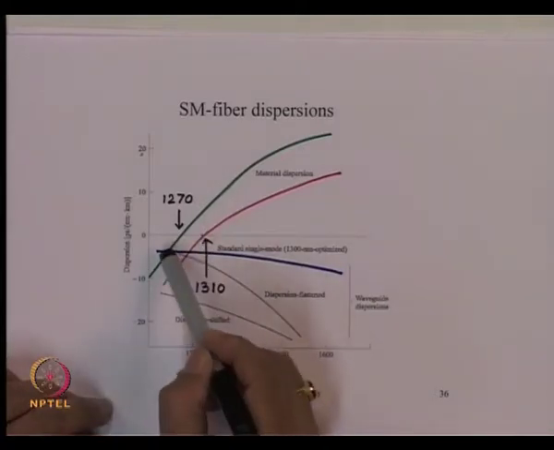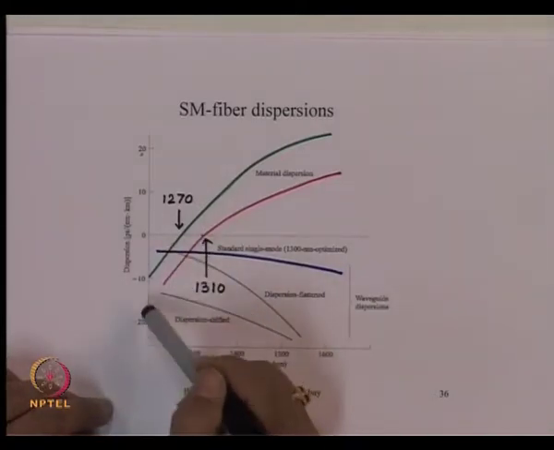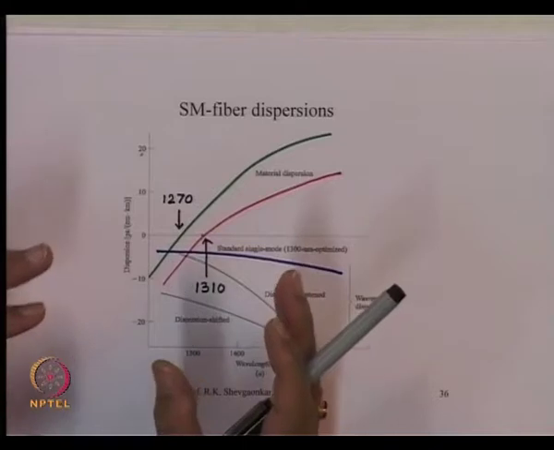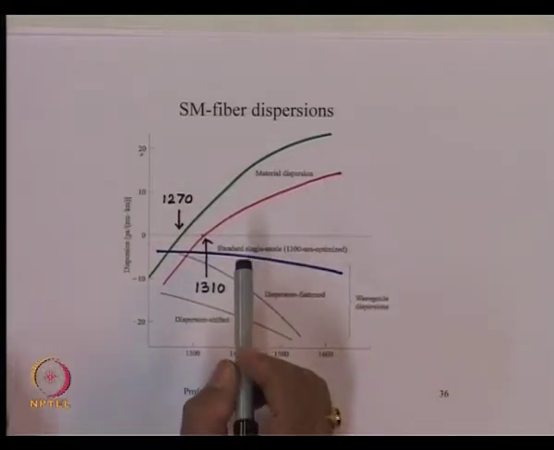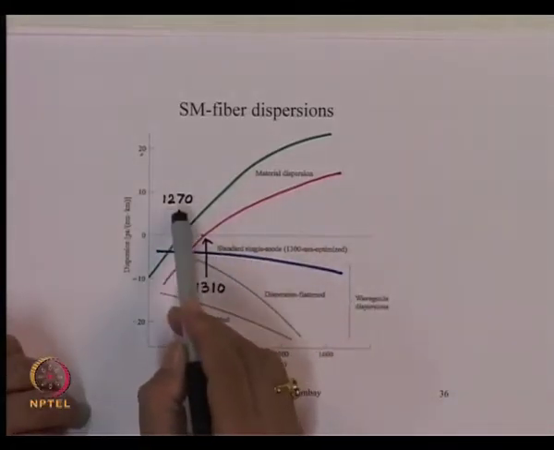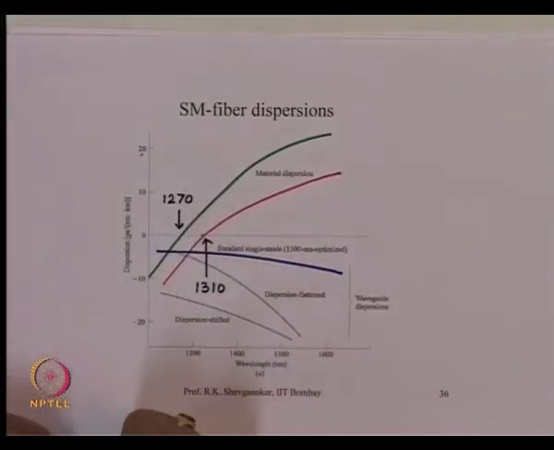Recall, when we talked about the material dispersion, we have seen that the material dispersion goes to 0 at a wavelength of 1270 nanometer. However, when I make a single mode optical fiber, I do not see this 0 dispersion point at 1270 nanometer, because we always see a combination of the waveguide dispersion and the material dispersion.